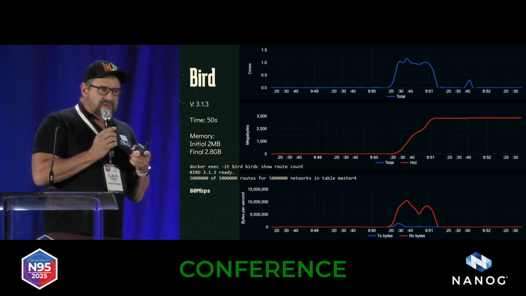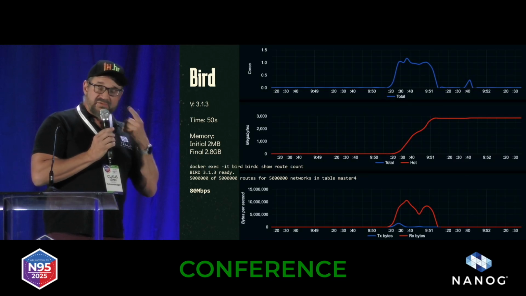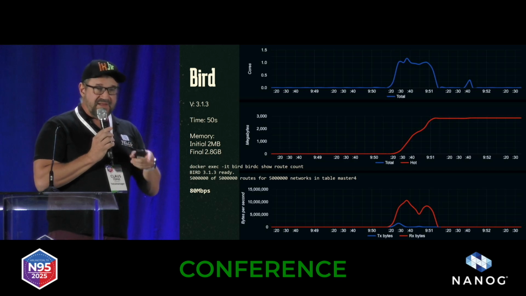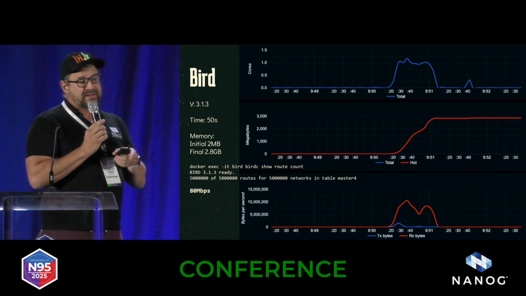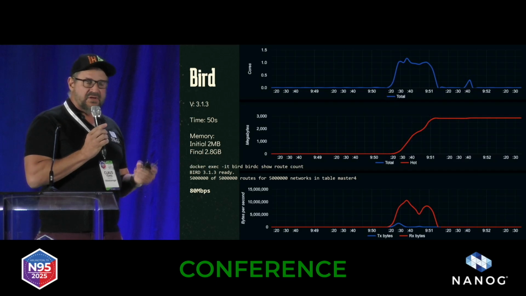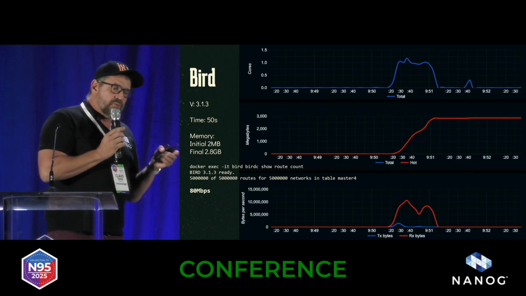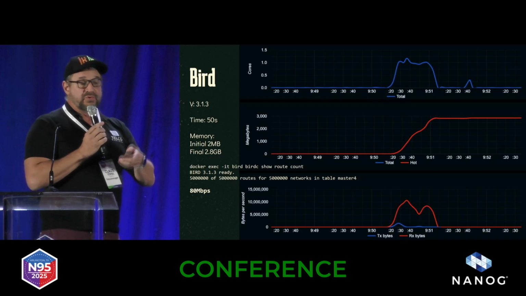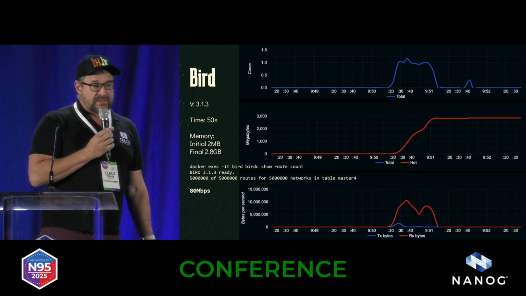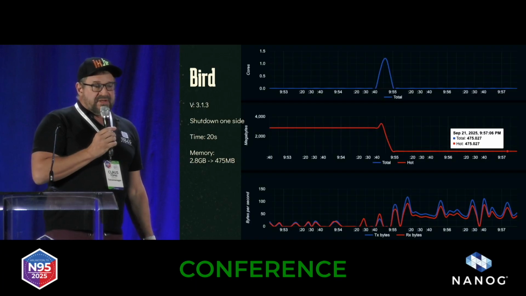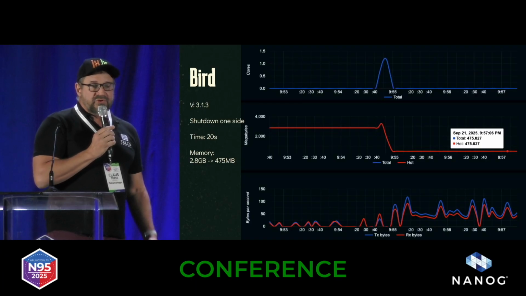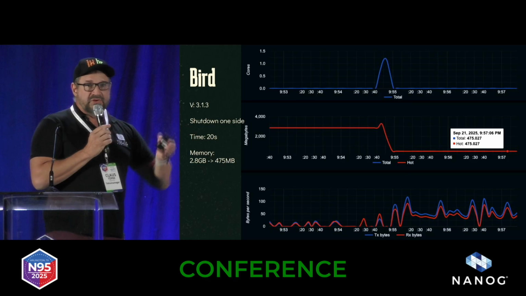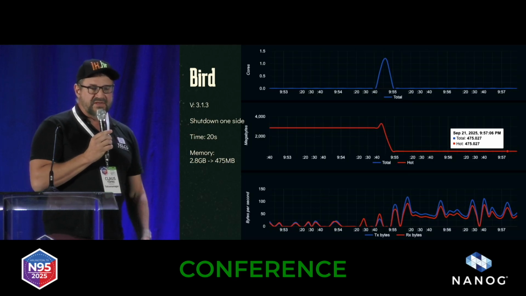But Bird was really optimized in terms of memory and CPU. And the bandwidth shows as well that it goes to 80 megabits per second, showing that it really quickly gets this full 5 million entries. Also on releasing, it just uses a spike of the core and releases memory quickly, in 20 seconds.